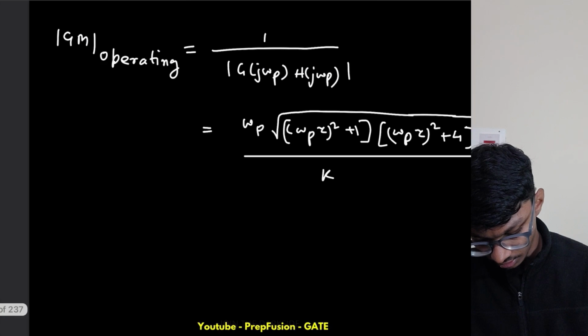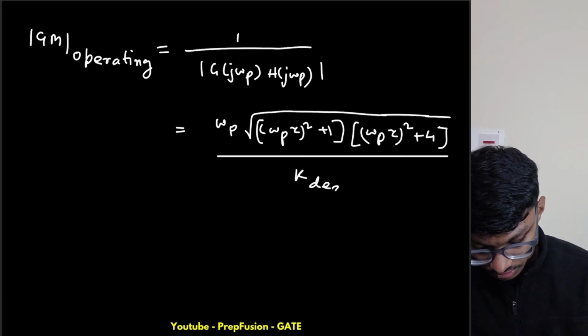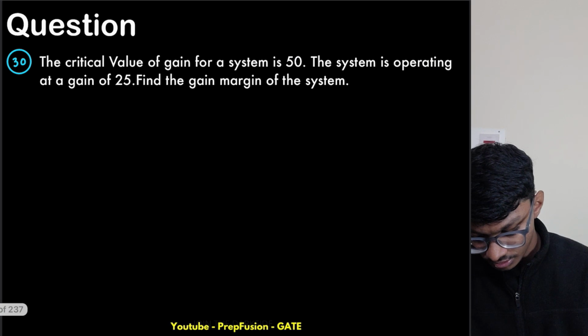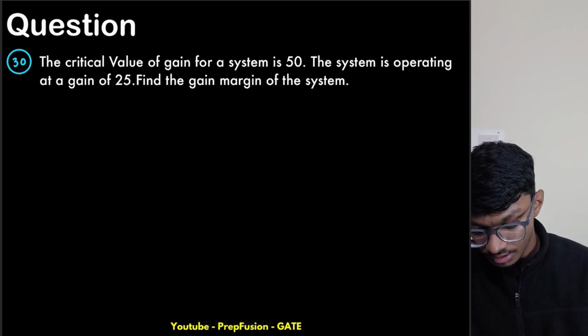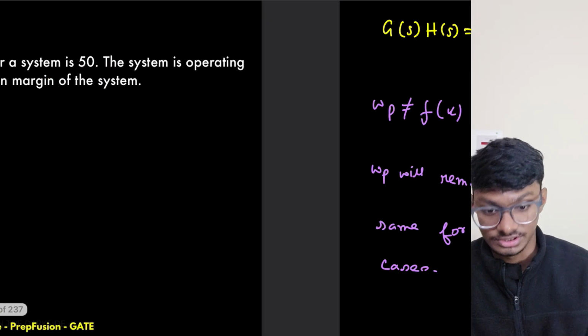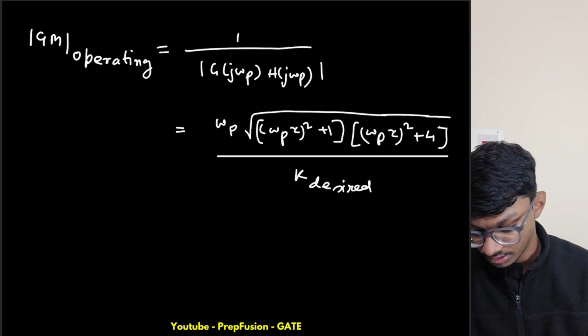So this time my k value is k desired. This is asking for the gain margin of the system, at the gain at which it is operating. So I have to find this GM operating.